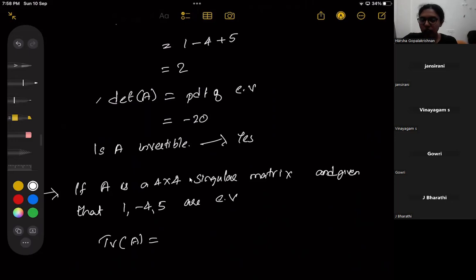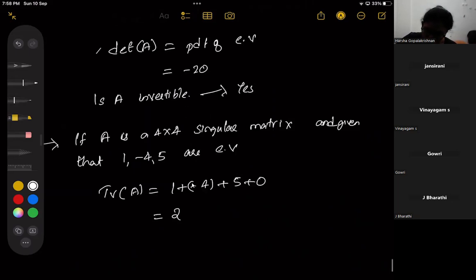So that fourth eigenvalue should be 0. So the trace of A should be 1 plus -4 plus 5 plus 0, again 2. And what is the determinant of the matrix? It is 0, obviously, since it is singular. Also the product of the eigenvalues is 0.